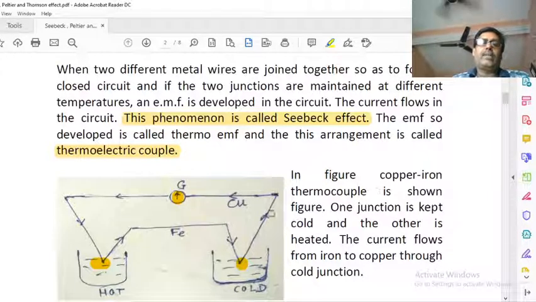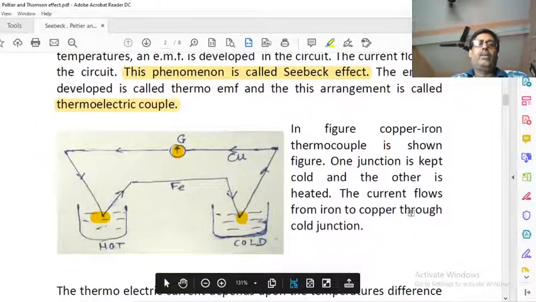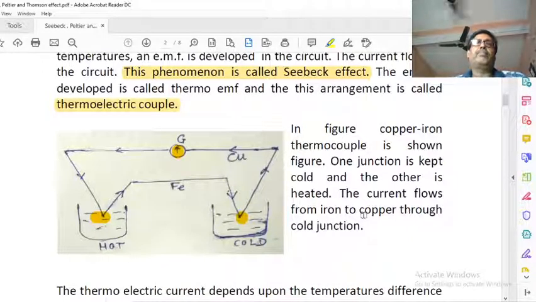This is a copper iron thermocouple. One junction is kept cold, the other junction is kept hot. Now, the question is how much voltage, what EMF is produced here?